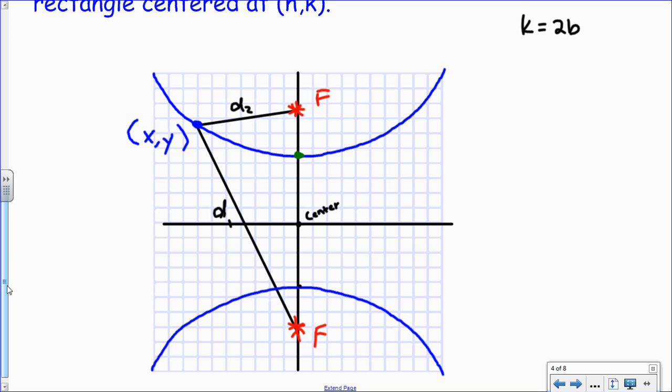I'll call this distance 2, because I want that to be smaller, and this distance 1. So the distances are from the point to each focus. When I subtract D1 minus D2, I get K, which I'm telling you is 2B.